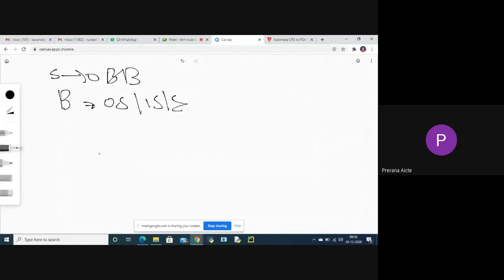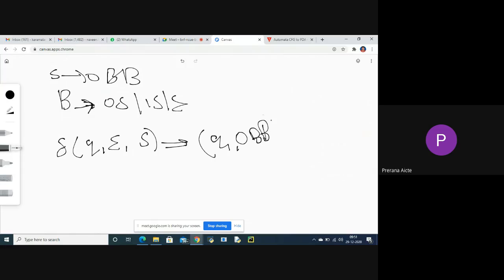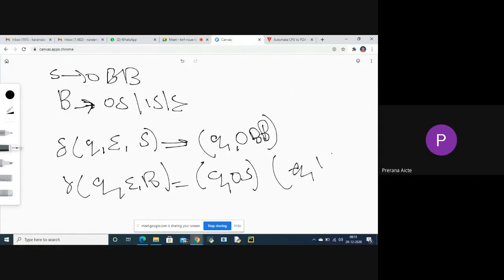So for this grammar, we'll write delta of q comma epsilon comma capital S is equal to q comma 0BB, and delta of q comma epsilon comma B is equal to q comma 0S or q comma 1S or q comma epsilon.